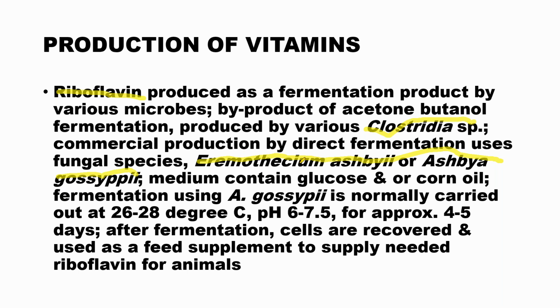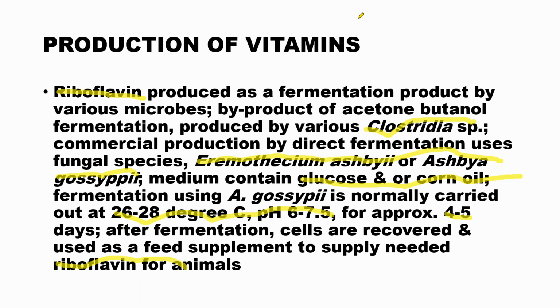Now, the medium contains glucose and corn oil. Fermentation using Ashbya gossypii is normally carried out at 26 to 28 degrees Celsius, at pH 6.7 to 7.5, for approximately 4 to 5 days. After fermentation, cells are recovered and used as a feed supplement to supply the needed riboflavin for animals.